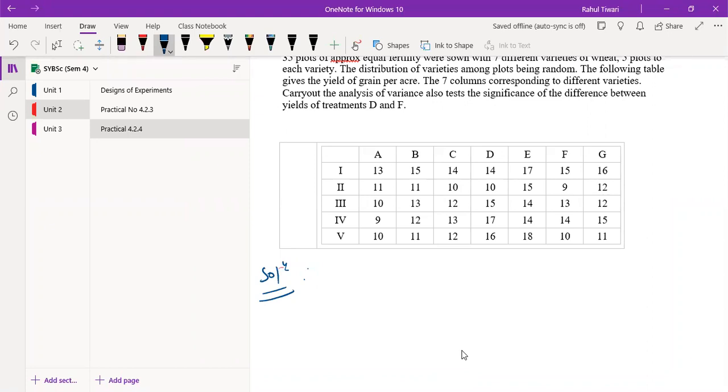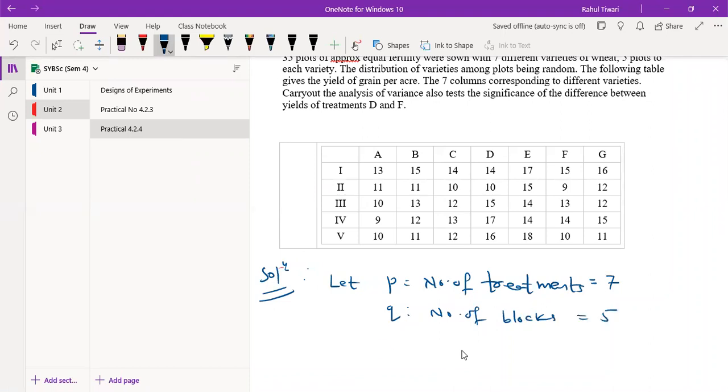So you can write down, let P be equal to the number of treatments. See, this is exactly the same way which you did in the two-way ANOVA. If you know the two-way ANOVA, you can very easily do it with this one also. Number of blocks, which is 5. So total plots become PQ, which is 35.